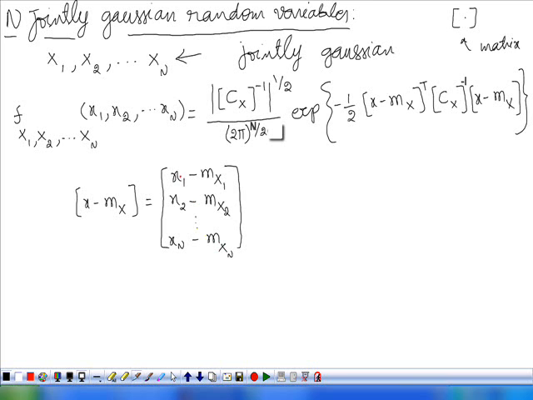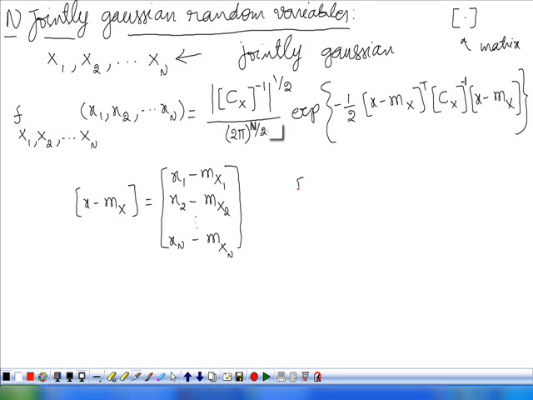Understood this? That is, x minus mx is a column matrix, which is x1 minus mx1, x2 minus mx2 and so on, xn minus mxn. Follow? Instead of writing this column matrix, we denote it like this, just for simplicity. And x minus mx t indicates the transpose of this matrix.